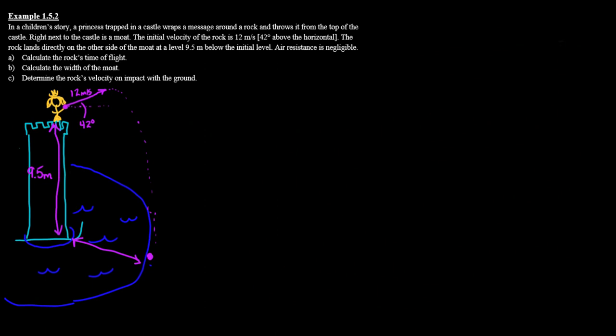Now we can do what we always do in projectile motion problems, which is break down our variables into those x and y components. Let's always start with the initial velocity. We have an angle given above the horizontal, so we have to find the components of the initial velocity.